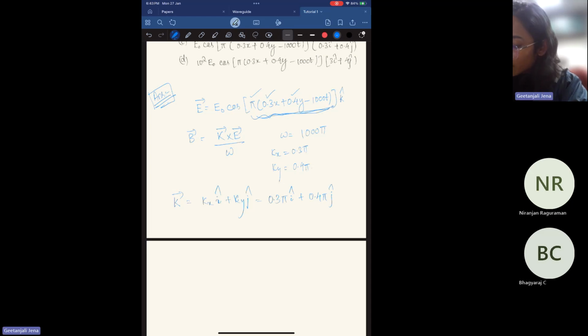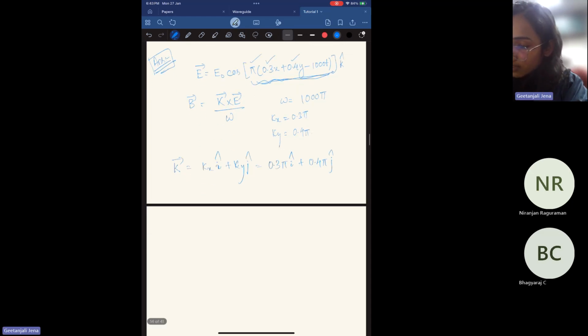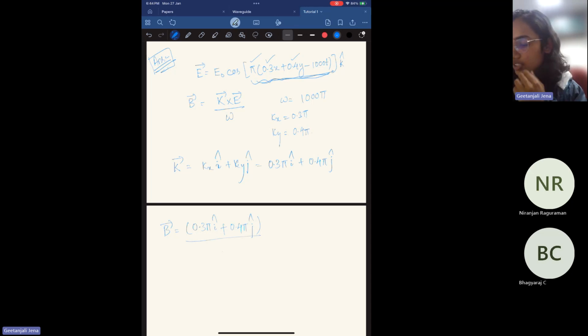And E is already given. So that means B is 0.3 pi i cap plus 0.4 pi j cap divided by omega, which is 1000 pi, cross E, which is k cap E0 cos pi (0.3x plus 0.4y minus 1000 t).